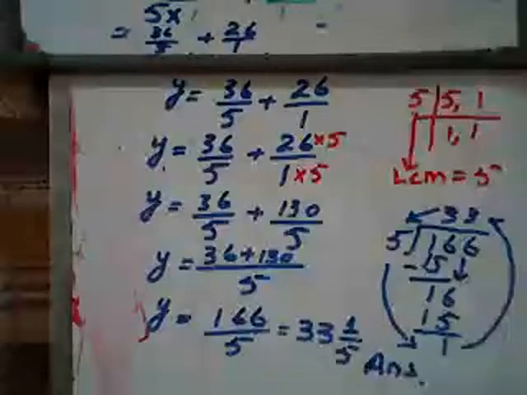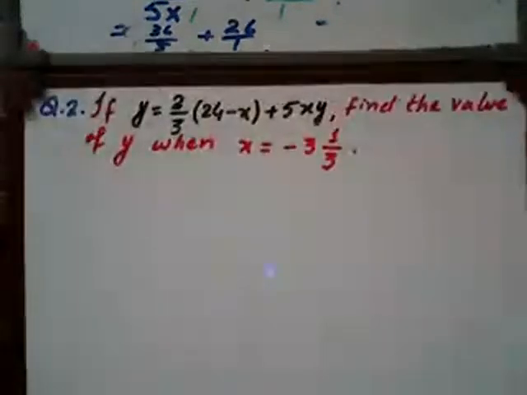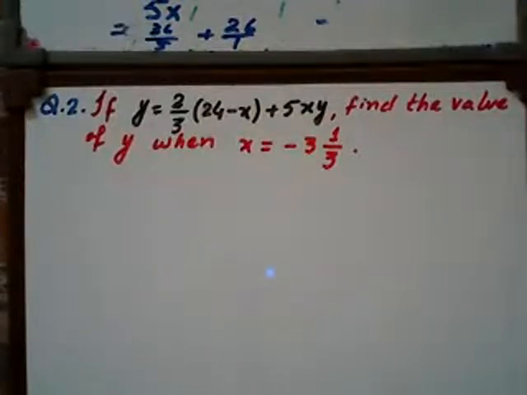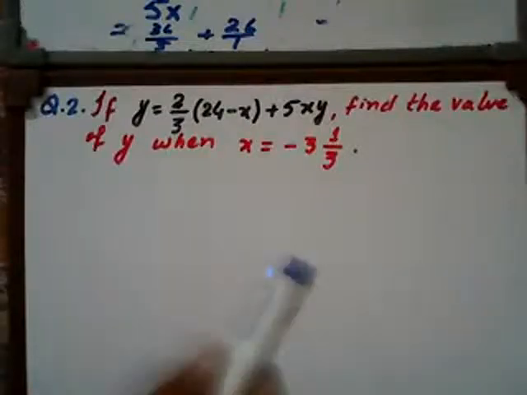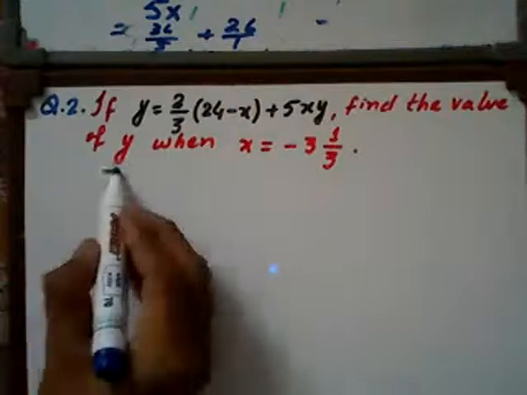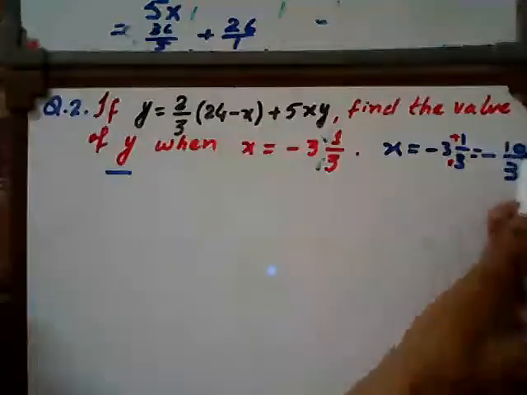Now come to the next question, which is question number 2. This says if y is equal to 2 by 3, 24x minus x plus 5xy, find the value of y. Again, we have to find the value of y, minus 10 over 3.